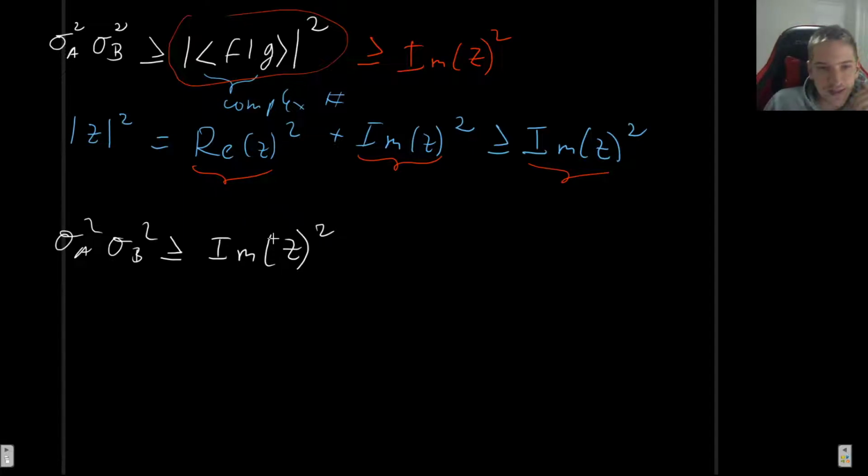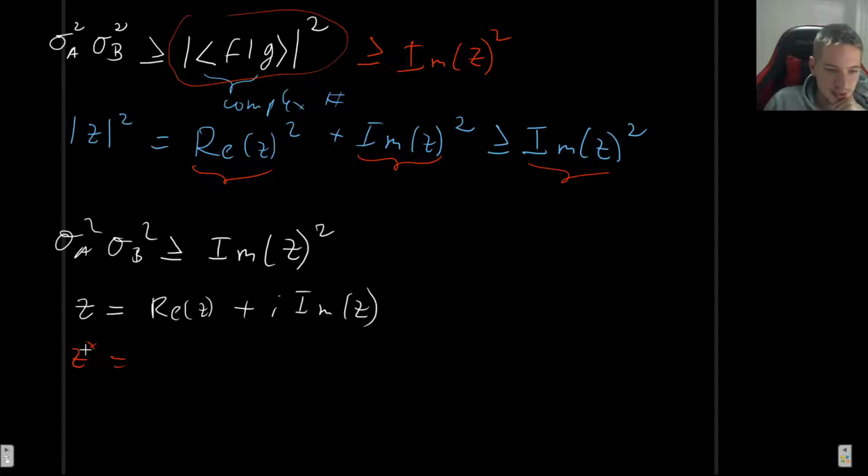Now, what is the imaginary part of some complex number? We can see it as the following. So if we have some complex number z, this can be written as the real part plus i times the imaginary part. Right, that's nothing new. I hope you have seen this before. It's just like 2 plus 3i, for example.